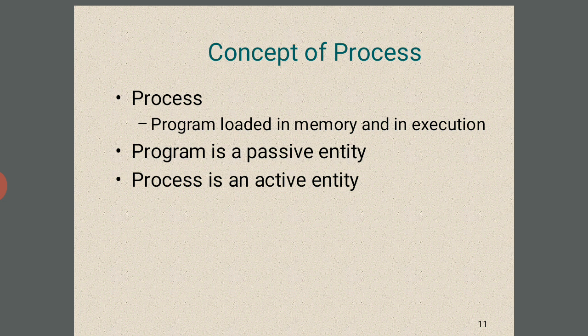We identify the errors and rectify them, edit the program, and finally we get zero errors. Next, the process is to run the program, and the output will be displayed on the screen. A C program loaded in memory and in execution is a process. So a process is an active entity.